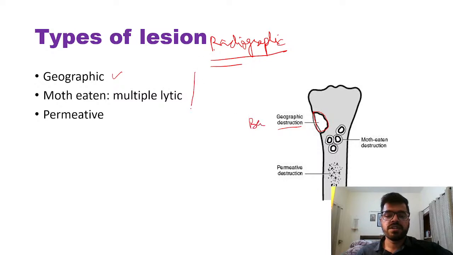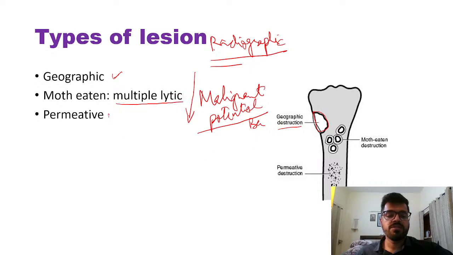This is the increasing order of malignant potential. Geographic lesion will be less malignant. Moth-eaten type multiple lytic lesions means more towards malignant potential, and permeative is the most aggressive, most malignant of the tumors.